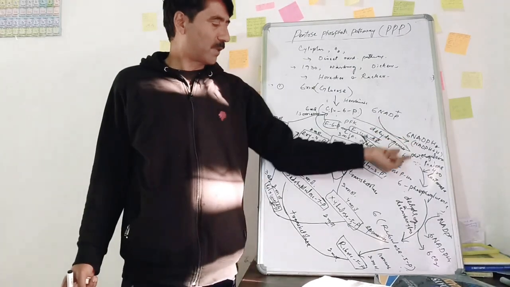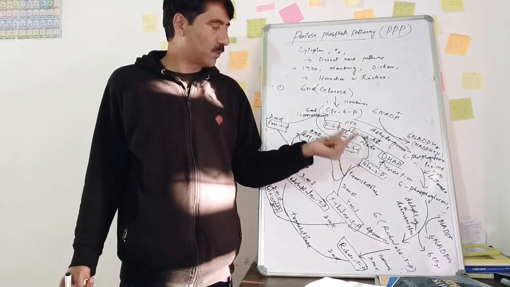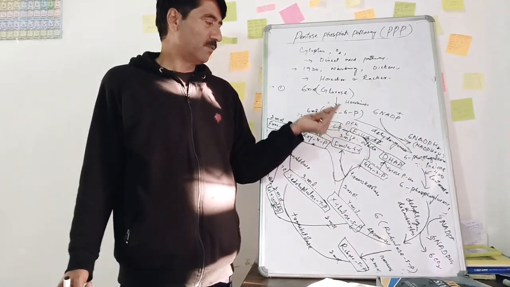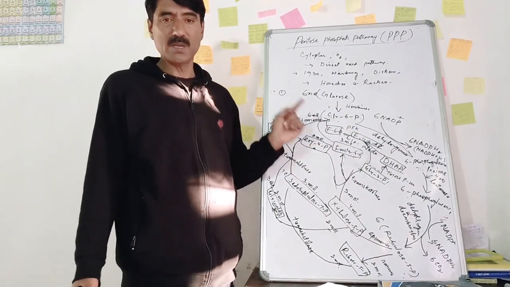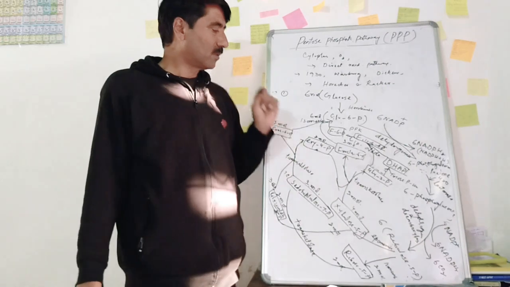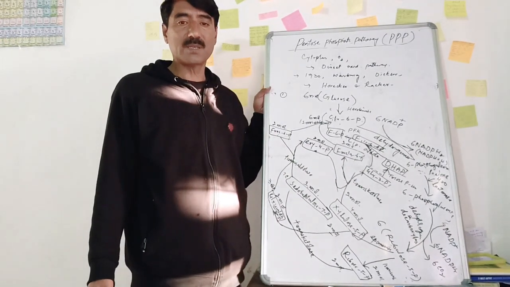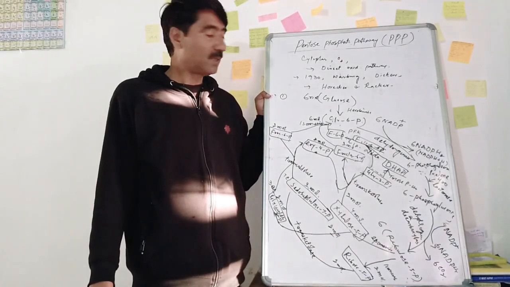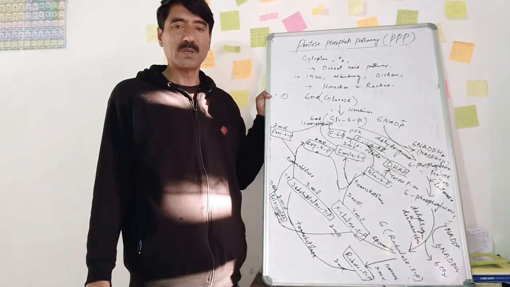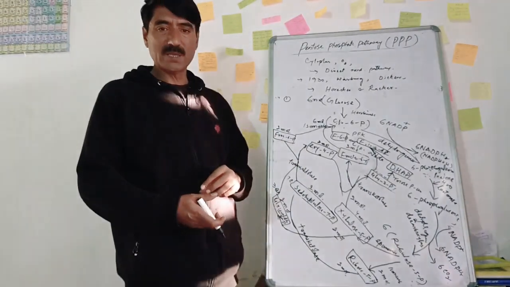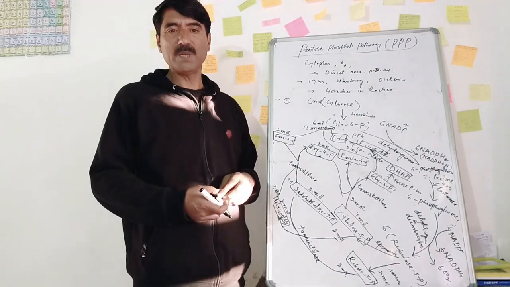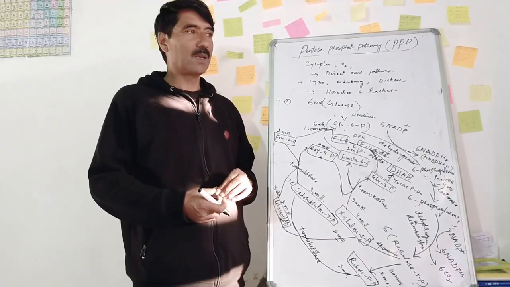As you know, there is production of 12 NADPH2 molecules. As we know that one NADPH2 molecule produces 3 ATPs, so overall there would be 3 into 12, that means 36 ATPs would be generated by this metabolic pathway. So it is almost equal to the aerobic respiration pathway occurring by means of glycolysis, Krebs cycle, etc.